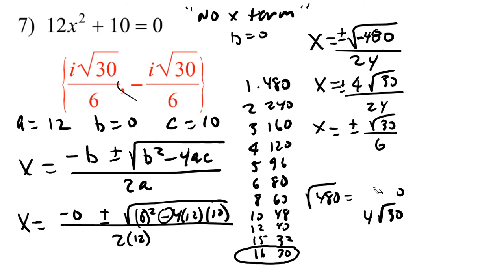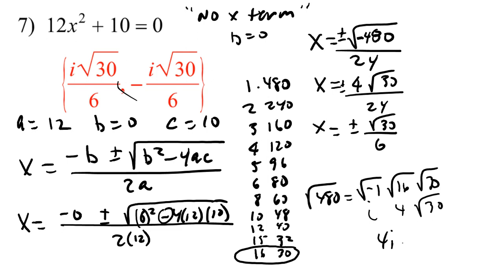We can put this negative anywhere we want, but I always like to put it out by itself. So negative 1, square root 16, and then the square root of 30. So this is going to be i, this is going to be 4, and can we simplify the square root of 30? No. So then my answer is going to be 4i root 30.